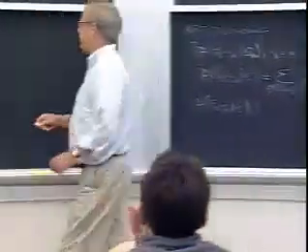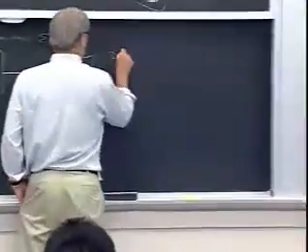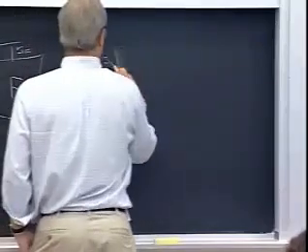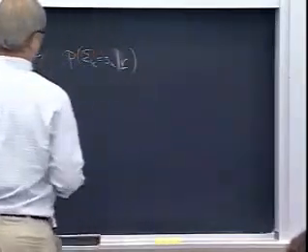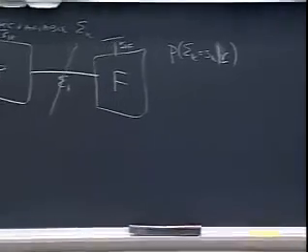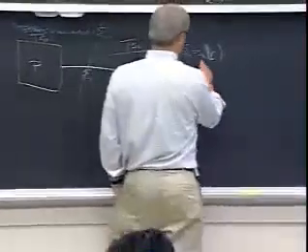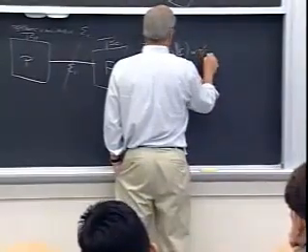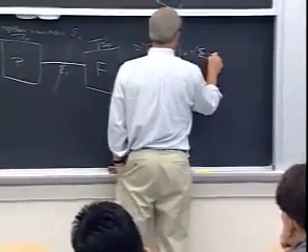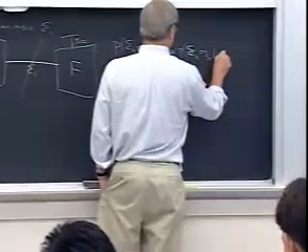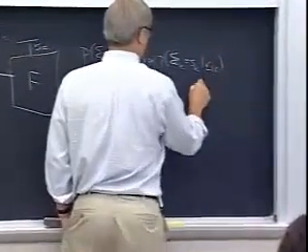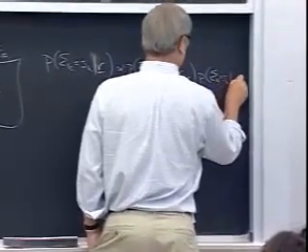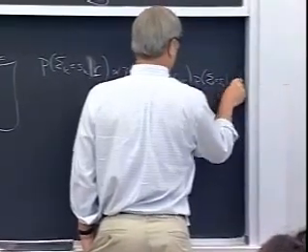Let me write it out. It basically says that the probability that the state variable has a particular value given R is proportional to the probability that it has a particular value given the past part, times the probability that it has a particular value based on the future part.